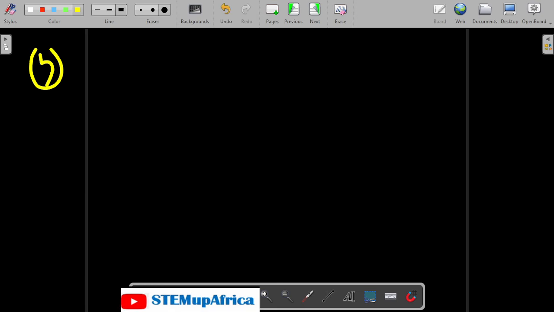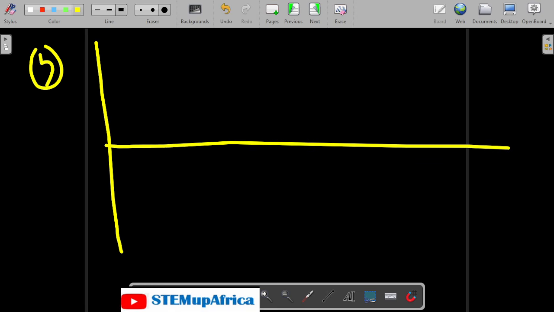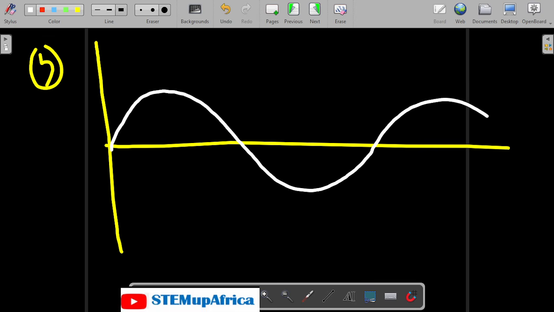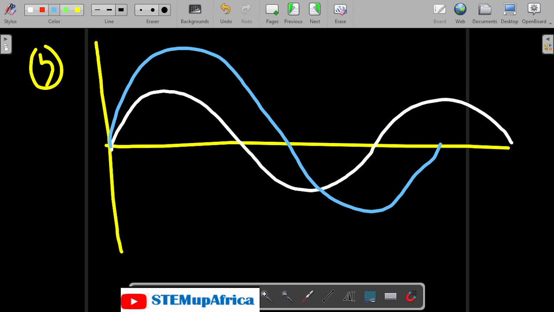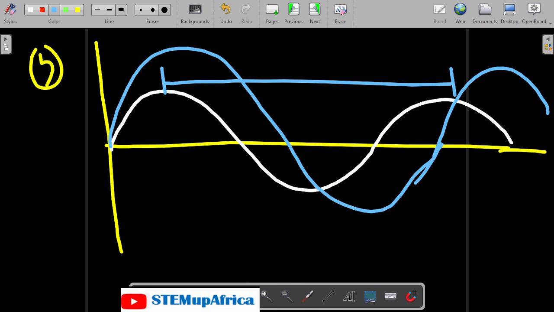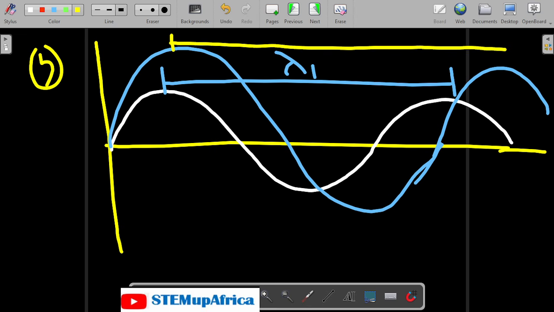Let's assume one wave is going this way, then the other is like this. Here and here is the first wavelength, let's call it lambda 1, while here and here is the second wavelength, lambda 2.